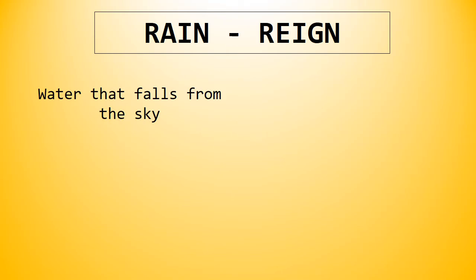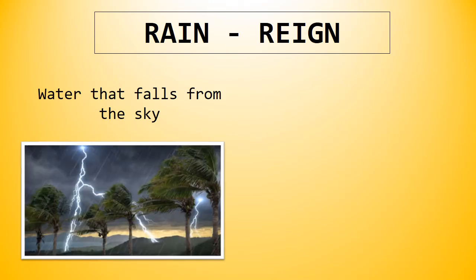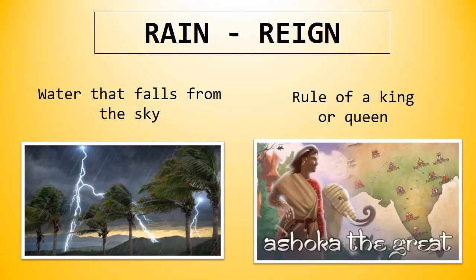And the second word you must have learnt in history when we refer to the rule of a king or queen belonging to some dynasty in medieval India. Isn't it? So please take note of these words, RAIN and REIGN. Let's move forward.